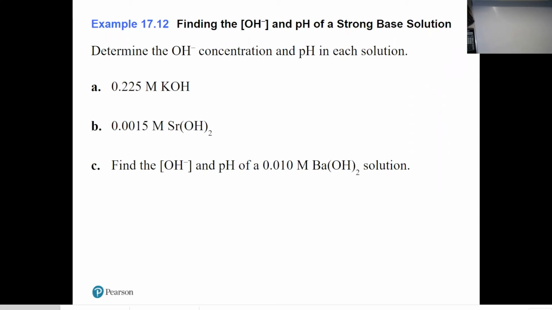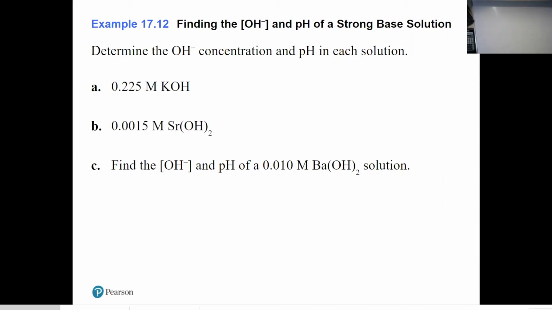For our strong acids, we only have one acid that's diprotic when we're looking at our 6 strong acids, and that's sulfuric acid. But with our strong bases, we have 3 strong bases that only have one hydroxide ion that ionizes. And we have 3 strong bases where 2 hydroxide ions ionize.